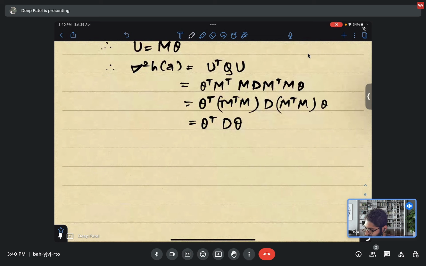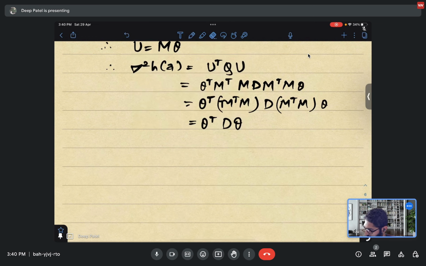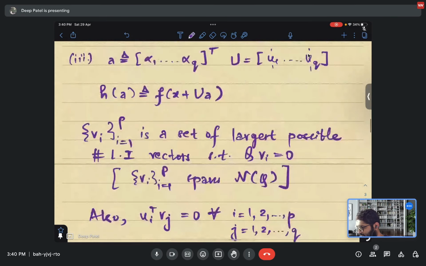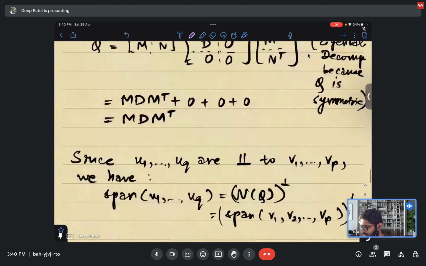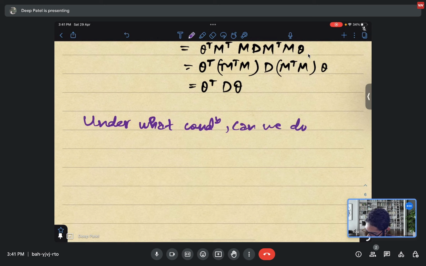So what can I say? So what's the question now? Coming back to the question, now that I've simplified the problem a bit, under what condition can we do exact line search, specifically for a strong local minimum?